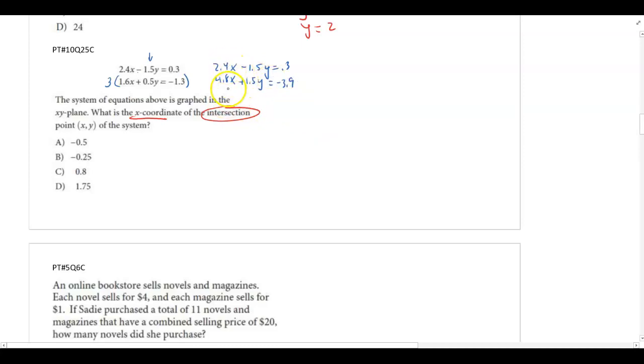Now, when I combine these, this will add up to 7.2x. 0.3 minus 3.9 is going to equal negative 3.6. And when I divide by 7.2, I would get x is equal to negative 1/2. And the calculator would give you negative 0.5, which is letter A.